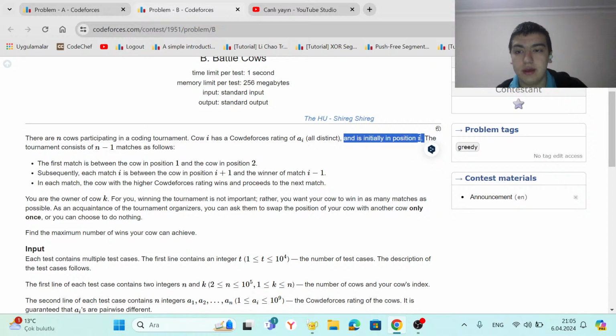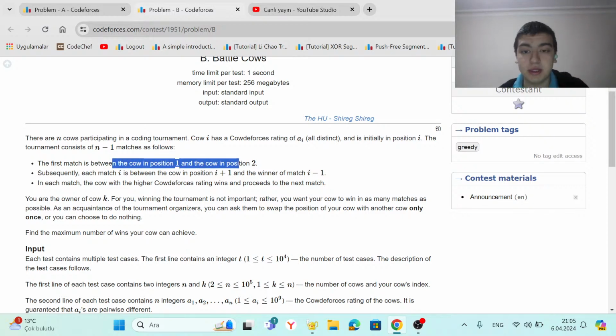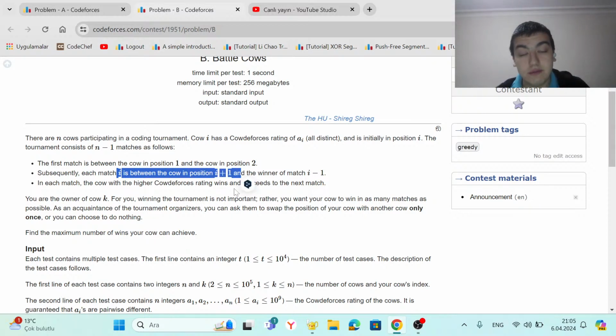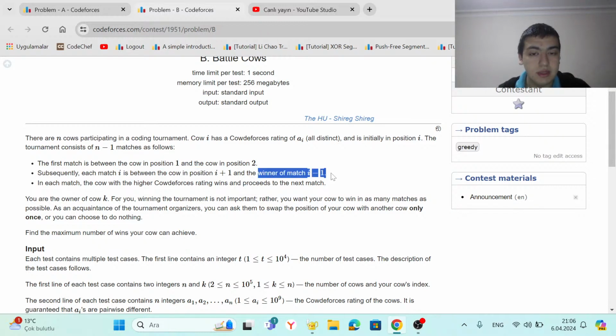The tournament consists of n-1 matches as follows. The first match is between the cow in position 1 and the cow in position 2. And the ith match will be between the winner of match i minus 1 and the cow in position i plus 1.